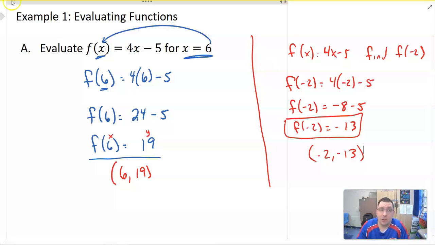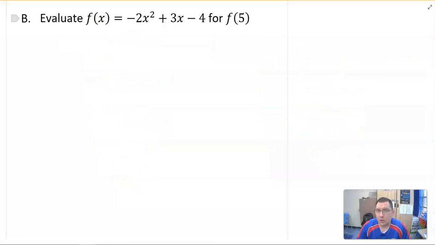Okay, let's look at another example of this. We can also do this for higher order functions, so like second degree or third degree or whatever power that might be involved, but the steps are still the same. We're going to input our value and then find what it's equal to. And so in this case, we're doing f of 5.